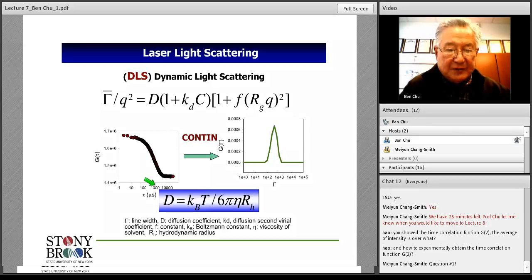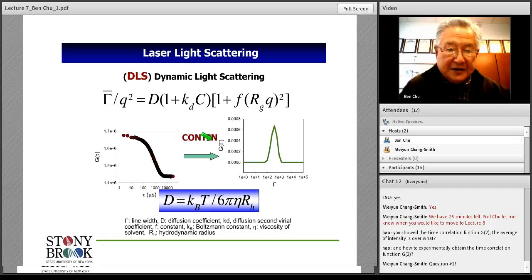kT over 6 pi eta, where k is the Boltzmann constant and eta is the viscosity, and you get the hydrodynamic radius. And there's a very popular program called CONTIN that you can use to do the transform, starting from G2, the second order intensity time correlation function, to obtain the line width distribution function, G of gamma.